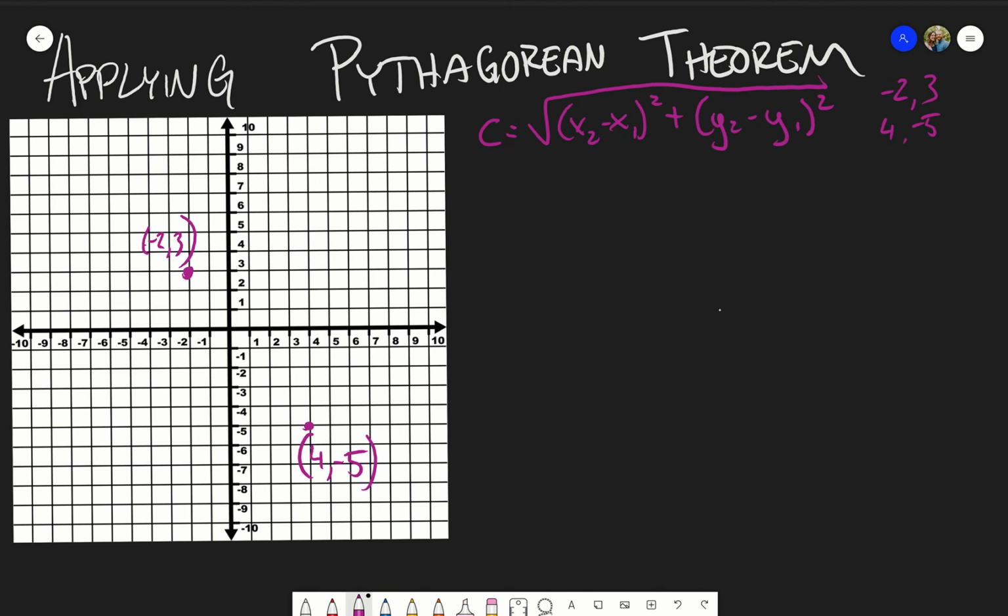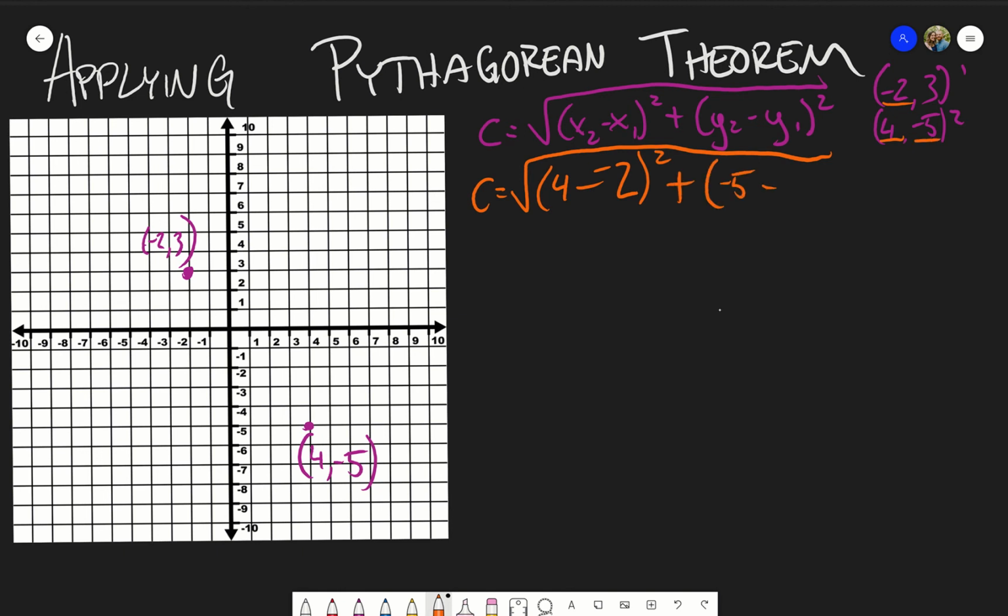All right, now let's plug this in. We'll call this one point 1 and this one point 2. Let's plug this information in. C equals the square root. x2, the x of point 2 is 4, minus the x of point 1 which is negative 2, squared, plus the y of point 2, minus the y of point 1 which is 3, squared.